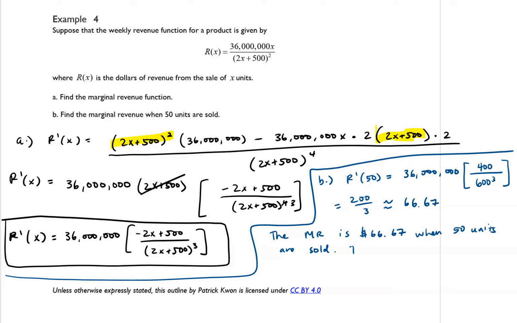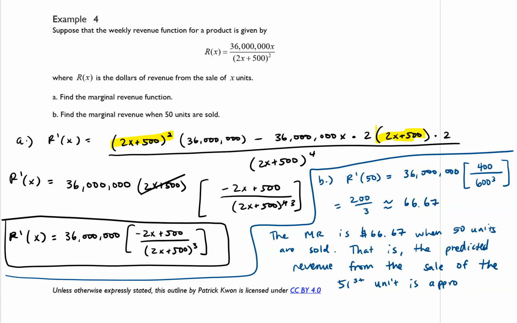Another way of saying that is the predicted revenue from the sale of the 51st unit is approximately $66.67.